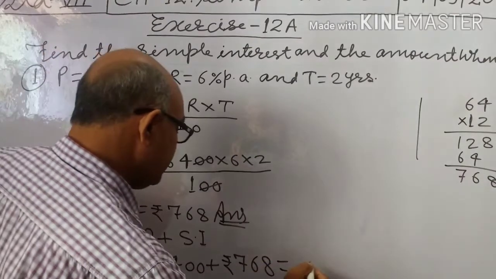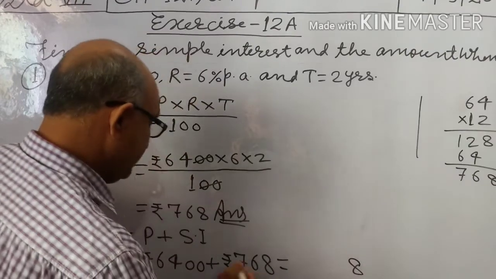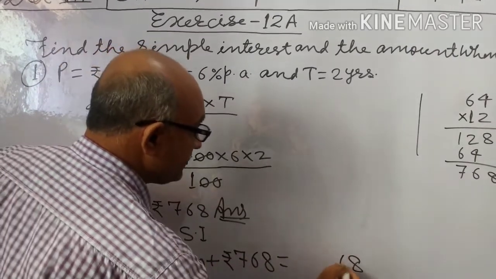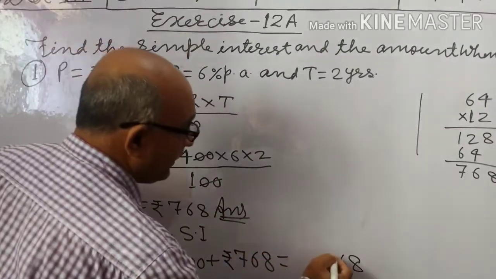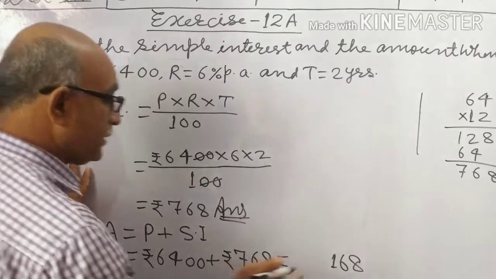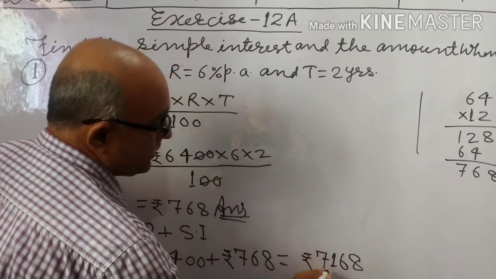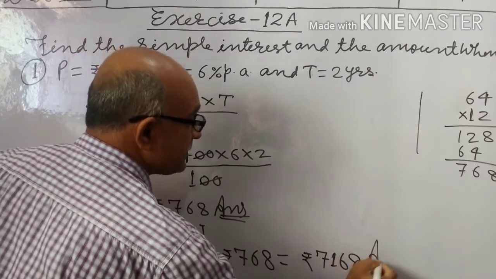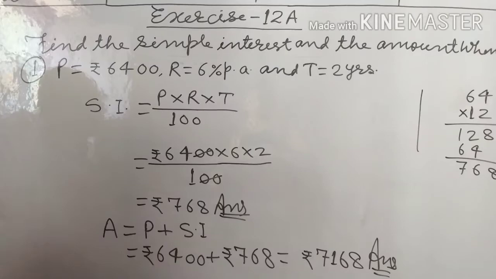Add it: 0 plus 8 is 8, 0 plus 6 is 6, and 4 plus 7 is 11, write 1 carry 1, 6 plus 1 is 7. Rupees 7,168 answer. Understand and write it.